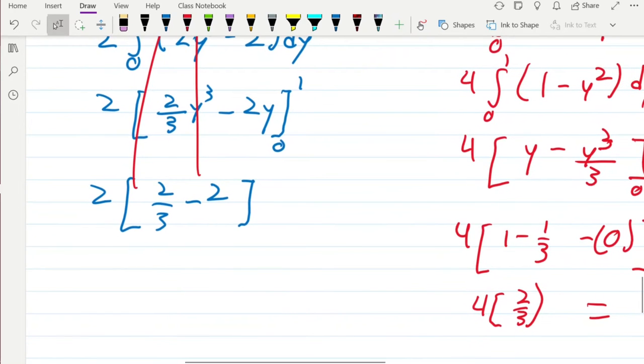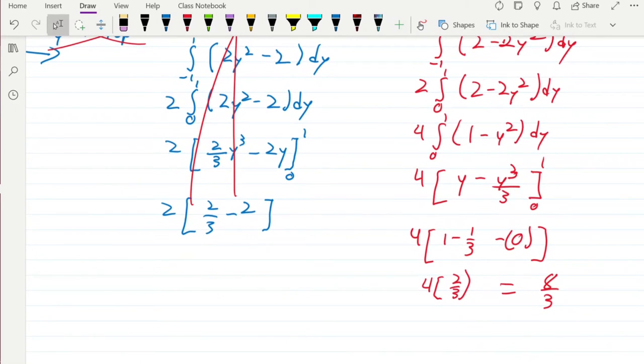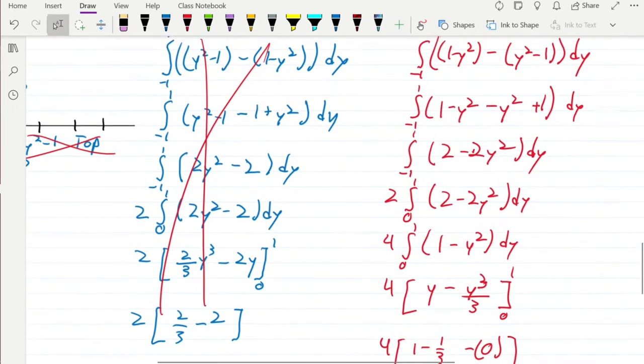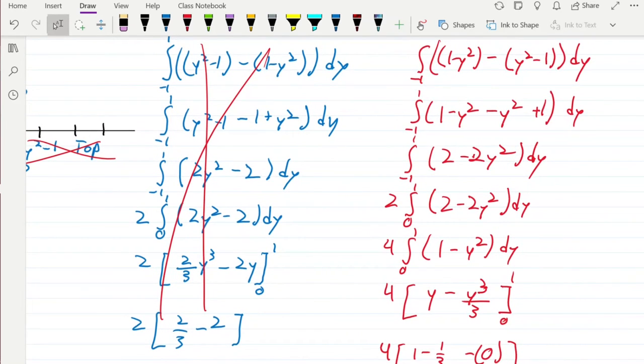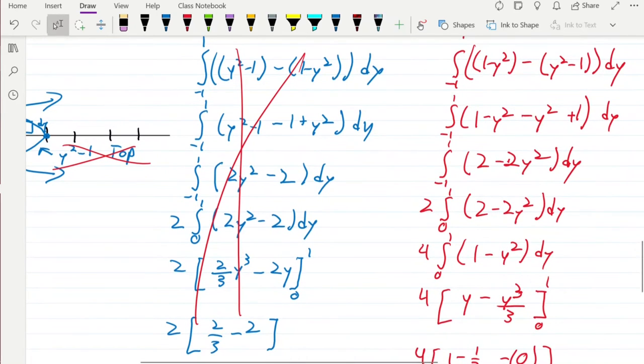Oh, I had an extra 2 on the previous one. Let's see. Plus 2 minus 2.